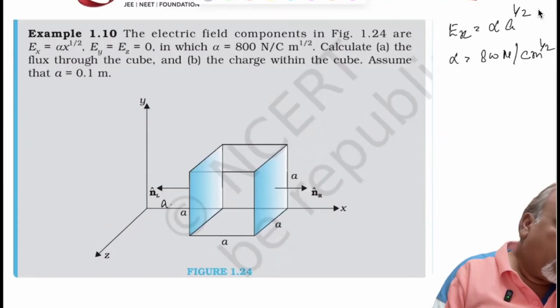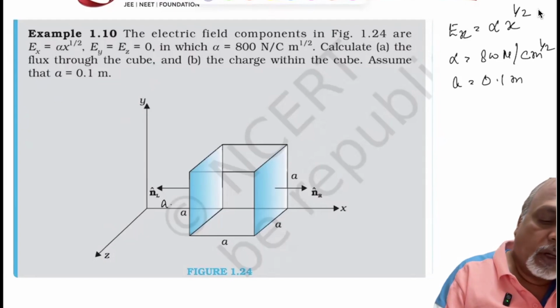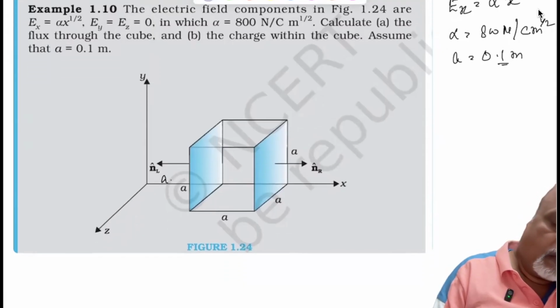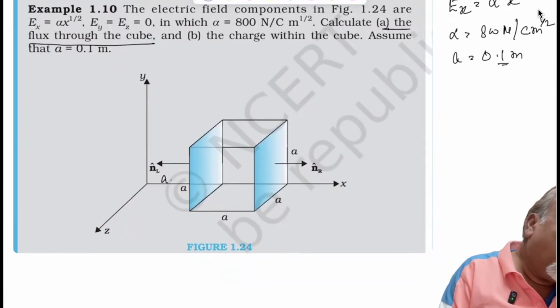And a is also given, in meters. So we have to find out the flux through the cube.